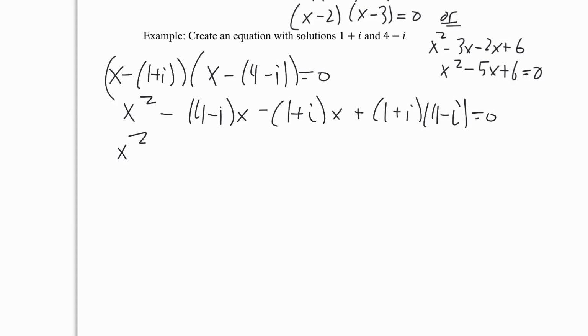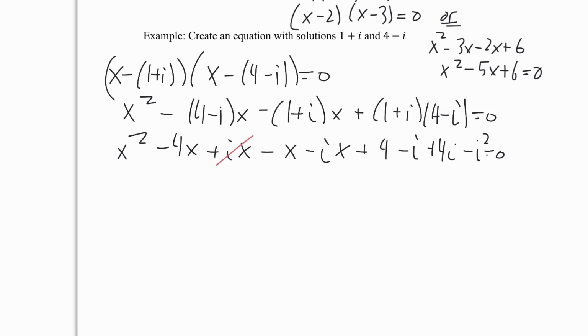Alright, so we just need to expand everything. So minus 4x plus ix minus x minus ix. And then over here we've got to expand this. Plus 4 minus i plus 4i minus i squared equal to 0.